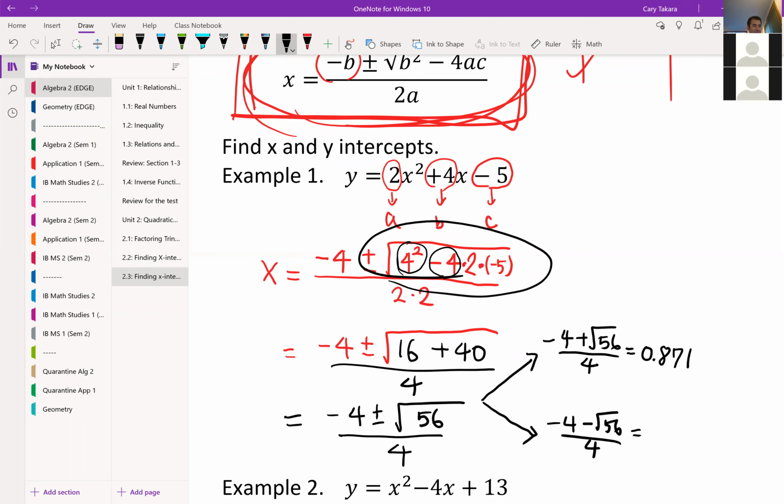Why don't you try the other one and show me in the chat? What will be the other x-intercept? Do you guys have a calculator with you? It's perfectly fine if you want to use a cell phone calculator, but I find the cell phone calculator really difficult to use, especially if you're entering negative numbers or an even square root number.